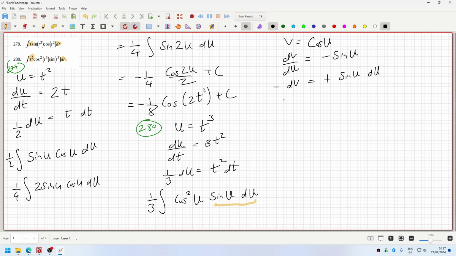So now the integration becomes 1/3 integrate cos squared u minus, and then that's a dv. Then cos squared is 1 minus sine squared u dv.